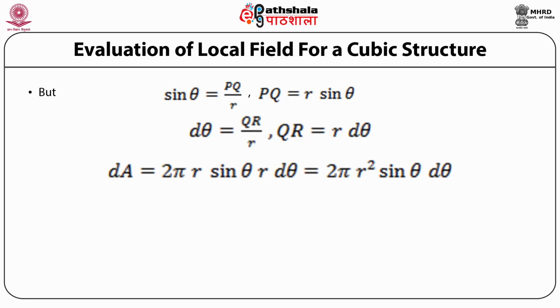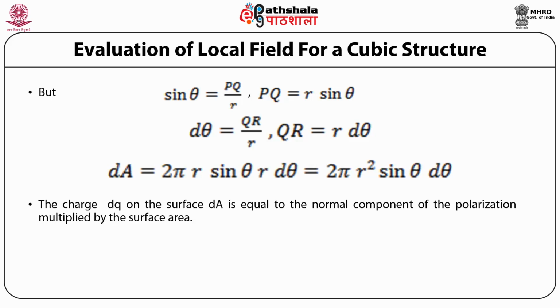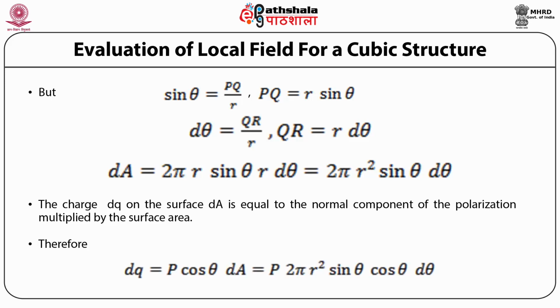The charge dq on the surface dA is equal to the normal component of the polarization multiplied by the surface area. Therefore, dq = P cos θ dA = P 2π r² sin θ cos θ dθ.